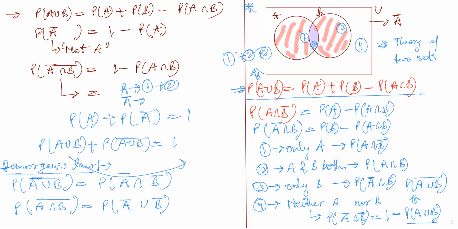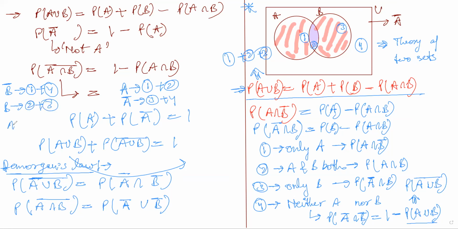Portions 3 and 4, 3 plus 4. What is the portion under B complement? 1 and 4, 1 plus 4. And the portion in B? 3 and 2.